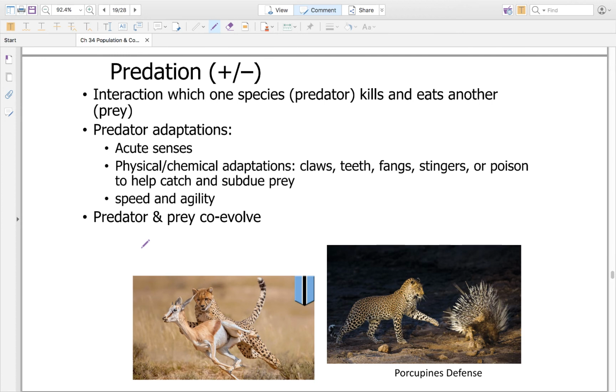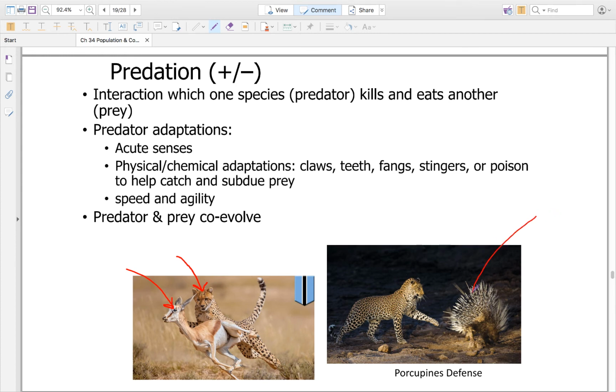They're fast and agile. Now, at the same time, the prey have evolved and are evolving to match their predator in getting away. For example, as these guys evolved and became faster and faster, so did their prey. They became better at detecting predators, and they've become very quick. And this one's interesting.